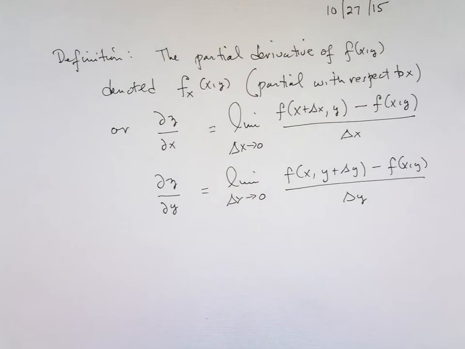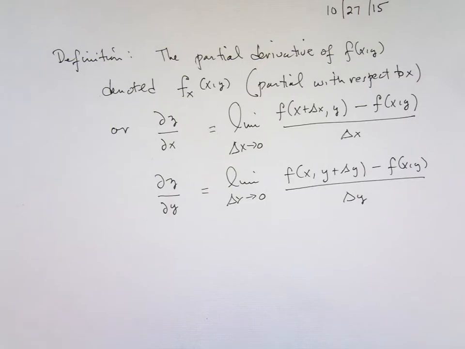The slope of the tangent line to that parabola at that point is the partial derivative of this function with respect to x. Now, if I were to do this instead, take a plane parallel to the y-axis this way, intersect my paraboloid with that plane, it would be a parabola this way. And I would then find the slope of the tangent line of that parabola at that point.